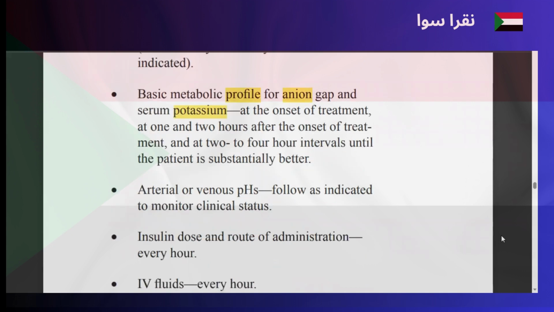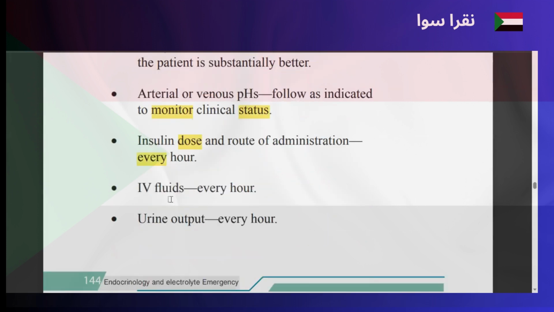Arterial or venous pH as indicated to monitor clinical status. Insulin dose and route of administration every hour, IV fluid every hour, urine output every hour.